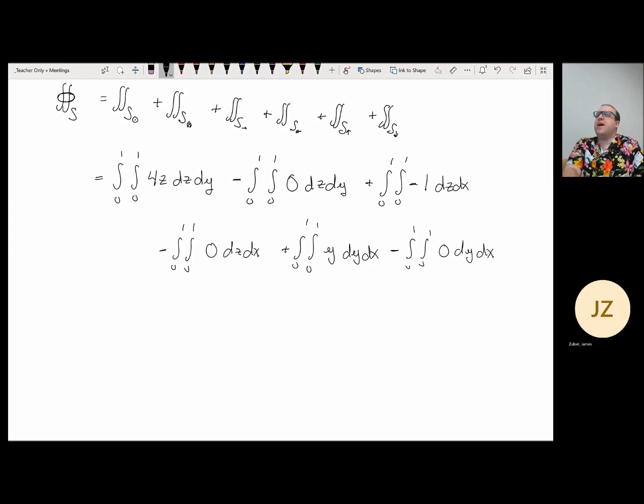Just because of how our vector field was defined, 3 of the surface integrals are 0. Now that is nice. And look how simple the other 3 are.